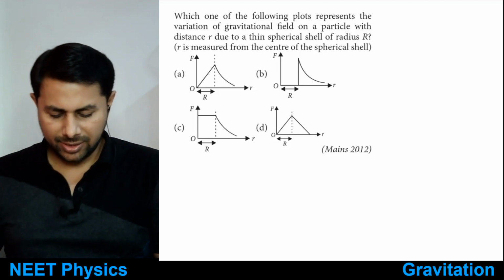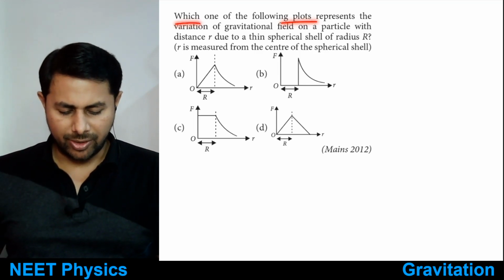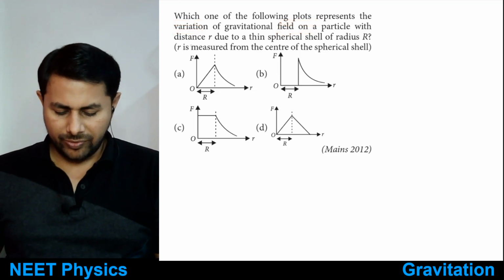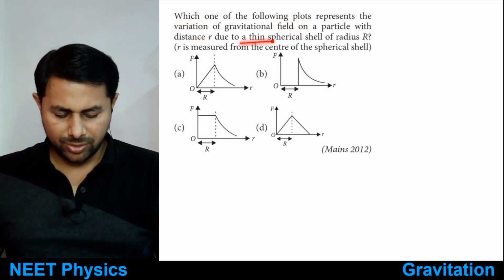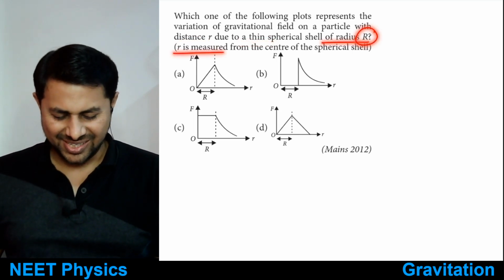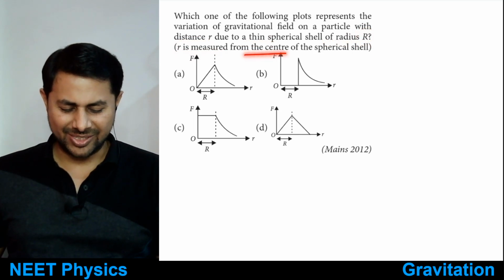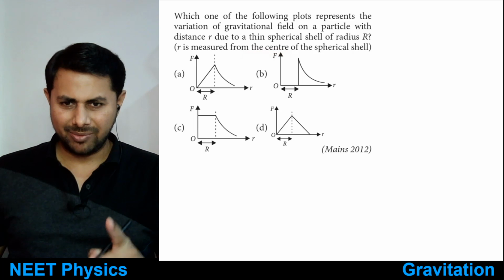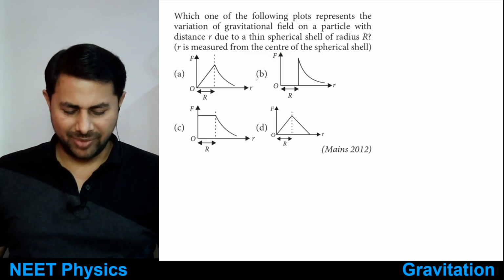Okay, now answer this question. Which one of the following plots represents the variation of gravitational field on a particle with distance r due to a thin spherical shell of radius capital R? Okay, tell me, r is measured from the center of the spherical shell. So option A, option B, B, right. So option B is correct.